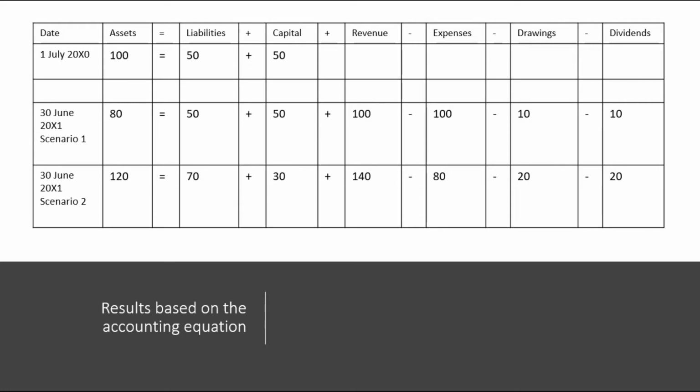So this resonates with our previous basic accounting equation analysis. Scenario 1 shows that the owner's equity is 30, and scenario 2 shows that the owner's equity is 50.